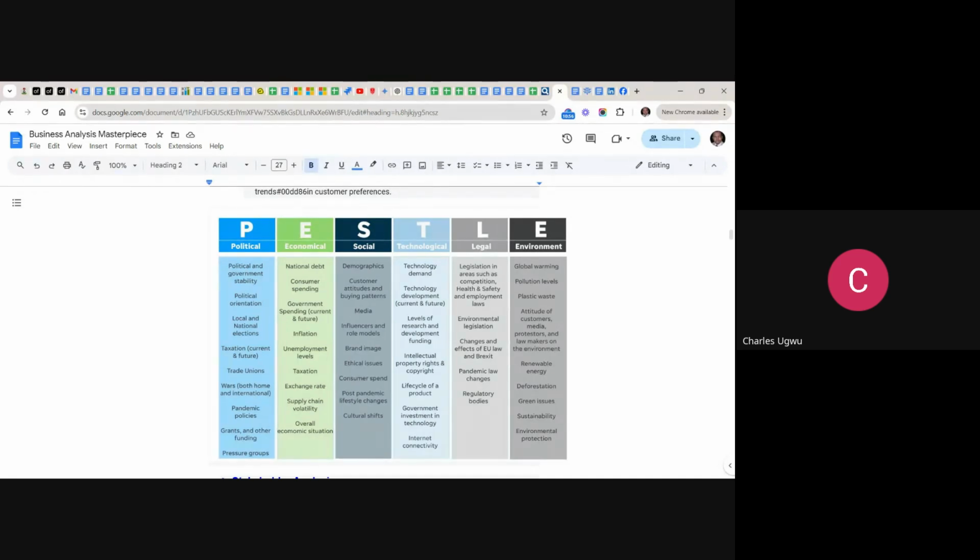Demography is age group, people living in a particular location, and income, the classes people live within: high class, middle class, low class, below middle class. These are some of the things you need to take into consideration before you go into even planning and execution.